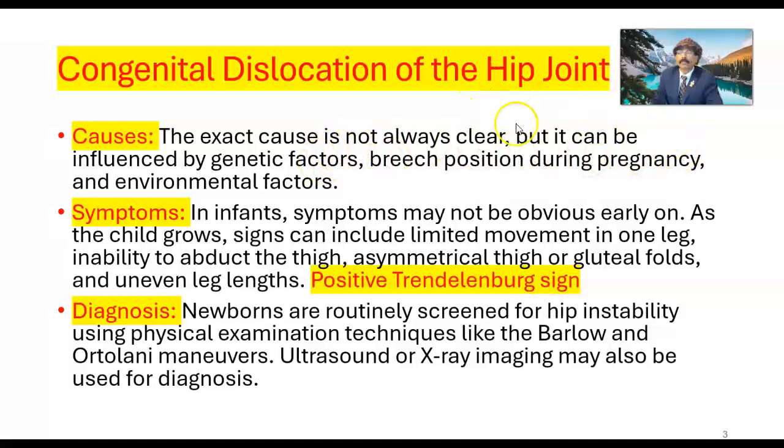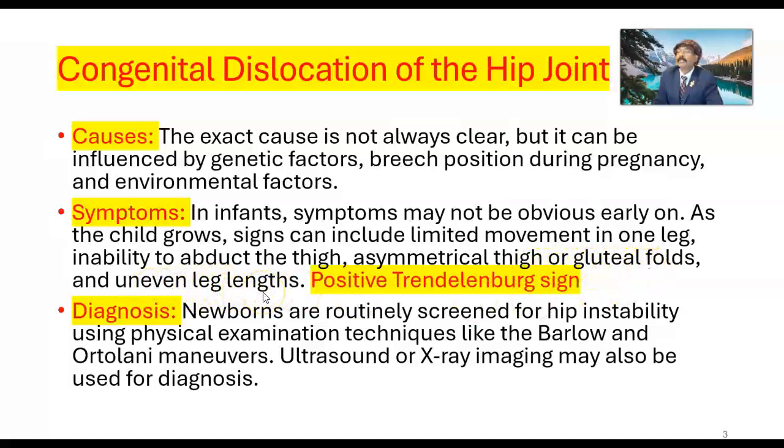Symptoms in infants may not be obvious early on. As the child grows, signs can include limited movement in one leg, inability to abduct the thigh, asymmetrical thigh or gluteal folds, and uneven leg length.